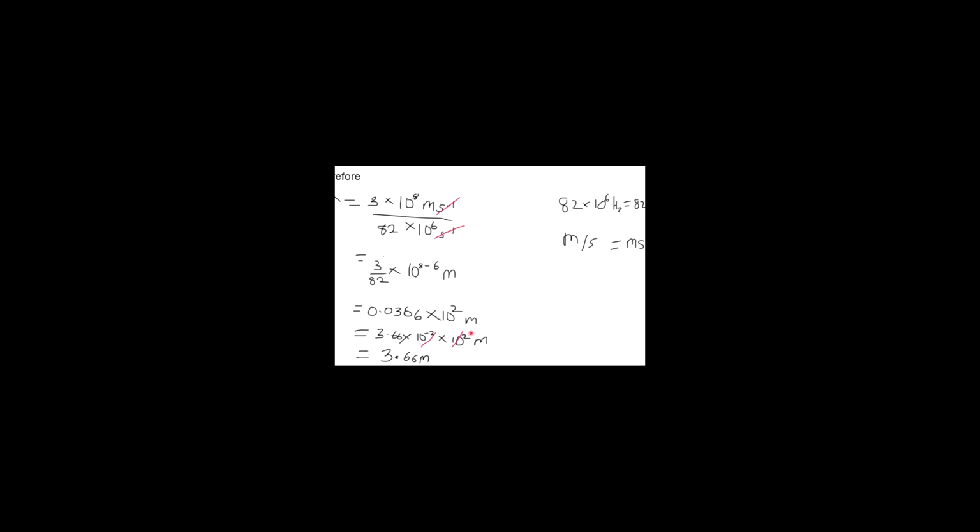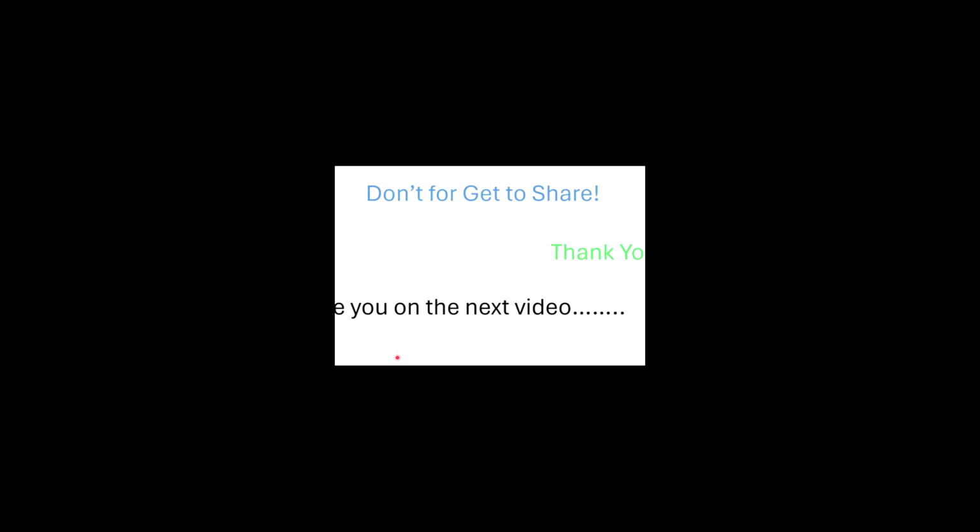The 10 raised to power minus 2 and the 10 raised to power 2 cancel each other. Therefore, we have our final answer as 3.66 meter. This here is a decimal point.